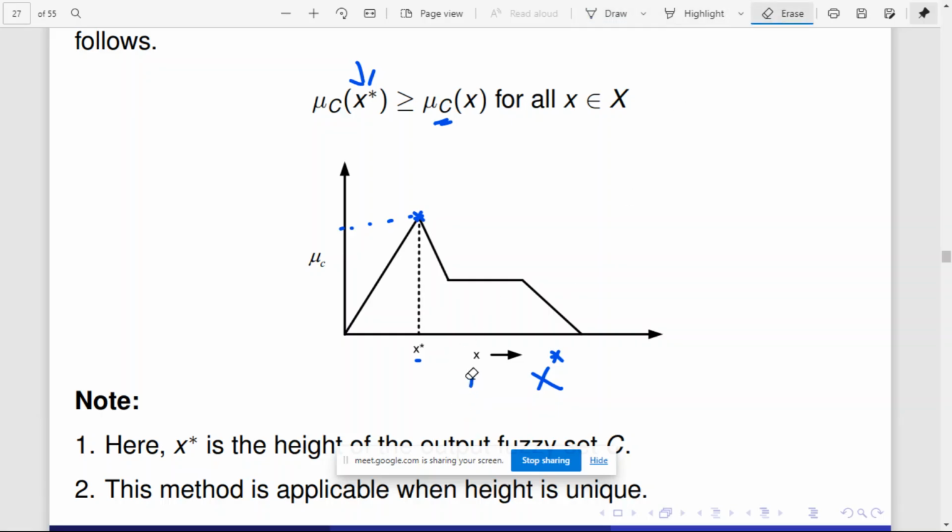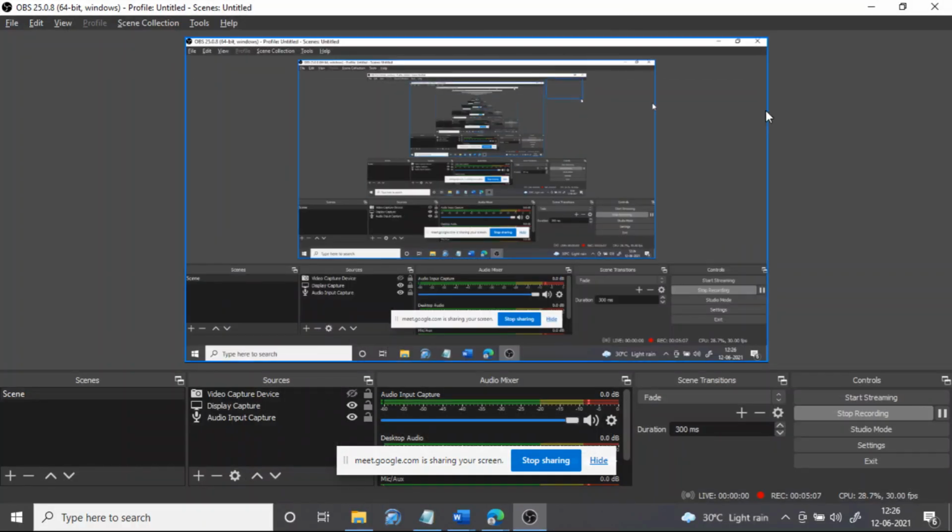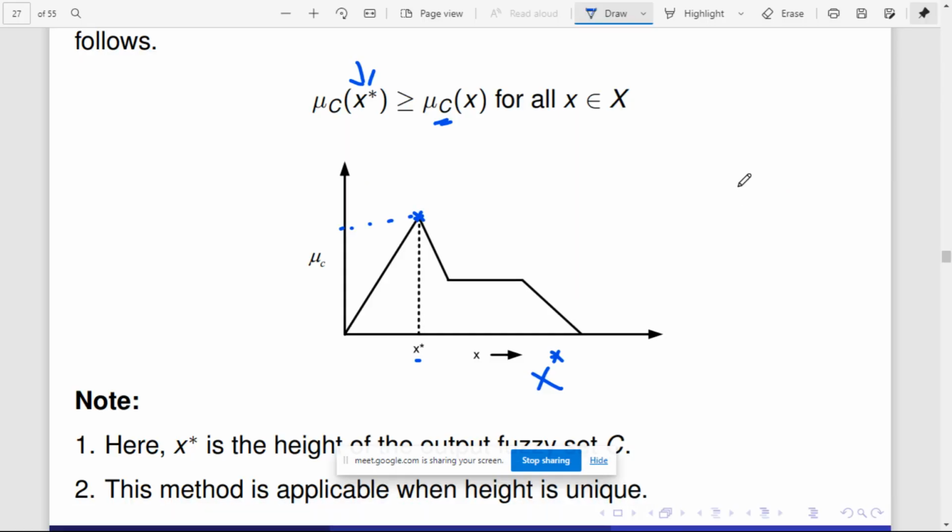For example, say the x values are 0, 1, 2, 3.